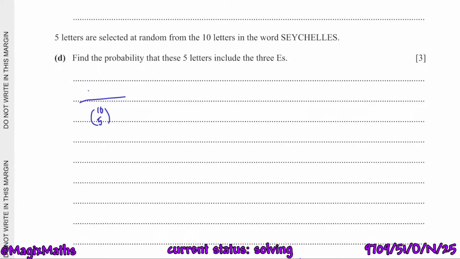We want such that we choose 3 and then we choose 2 out of the remaining. So that should be one out of 12. Is that correct?